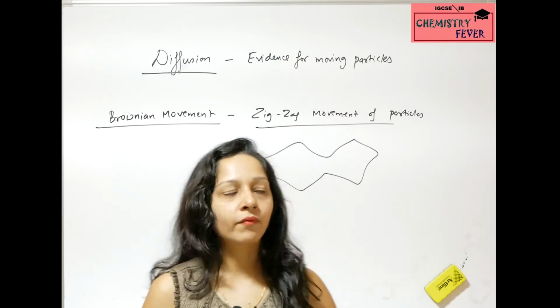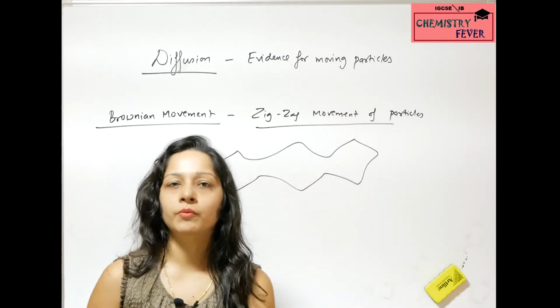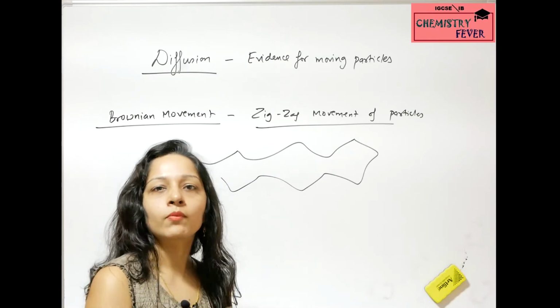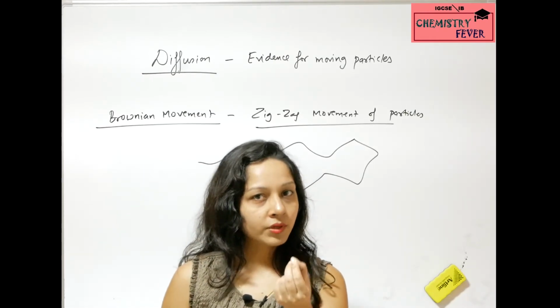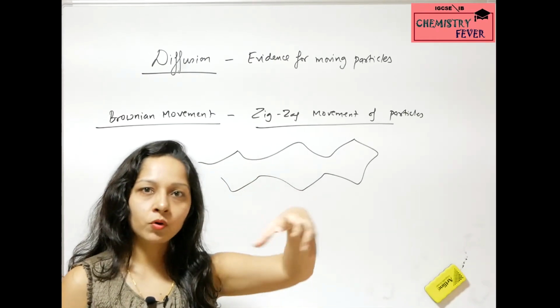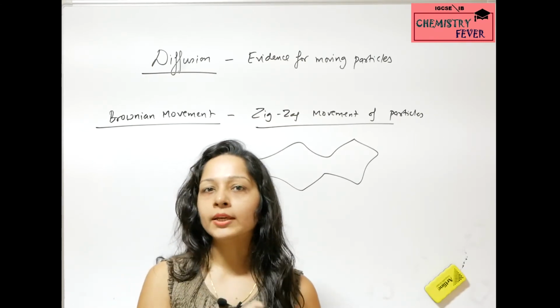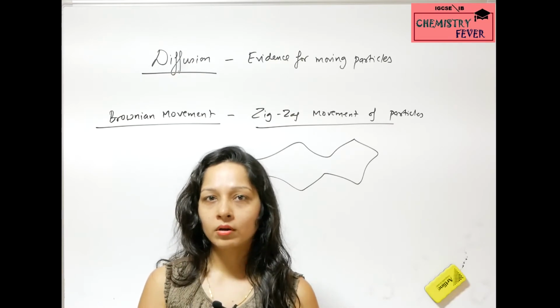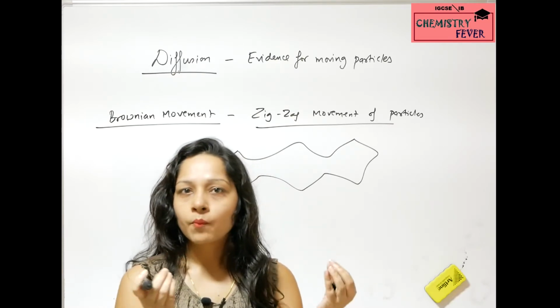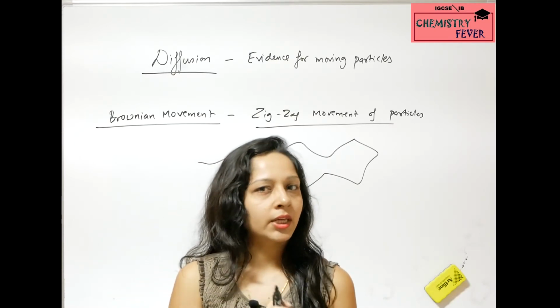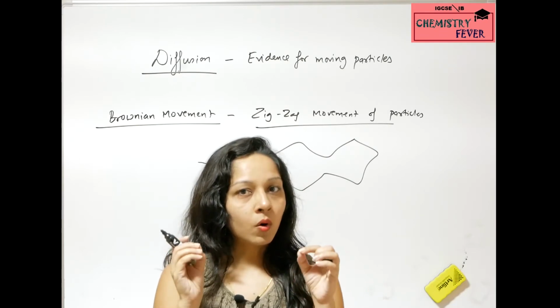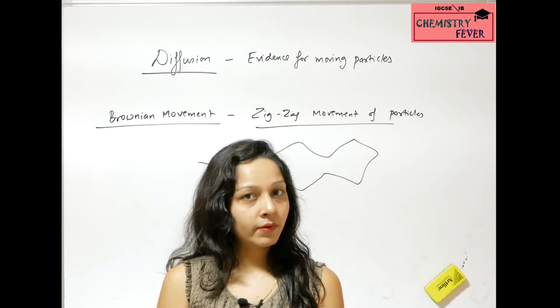Now, why are they moving faster and why is this distribution random? There are two types of particles. One which are visible. Suppose I pour some pollen grains over the surface of water. Now water molecules I cannot see. They are very small, I cannot see them with my naked eyes. Pollens are also very small, but still I can see them, right? So water molecules are invisible.